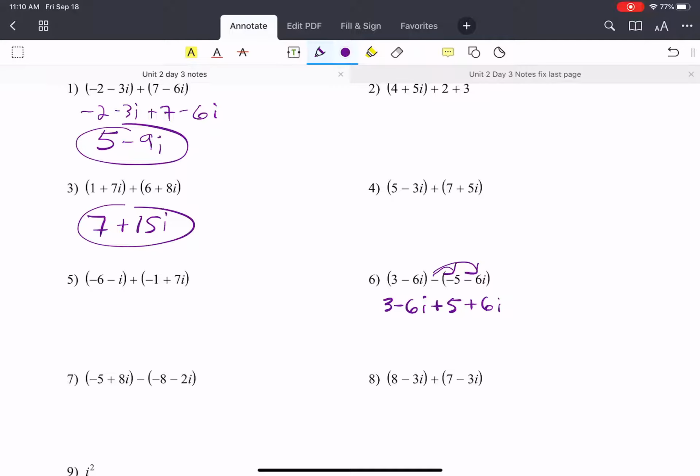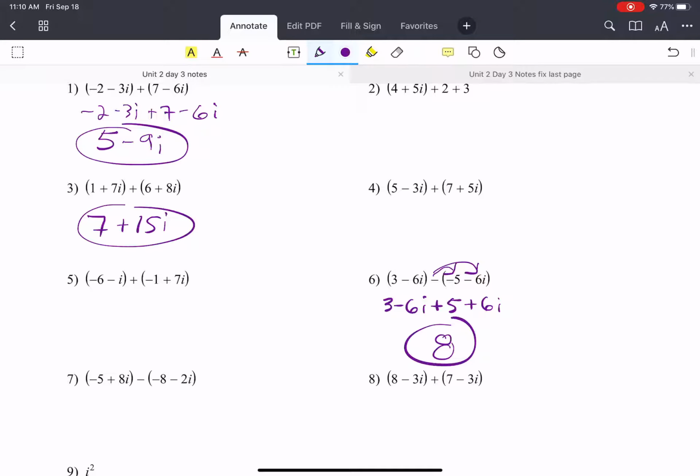Both of those signs changed on that second one because I distributed the negative to each one. Good? It's just 8. The i's go away because 0i, we don't need to write it.